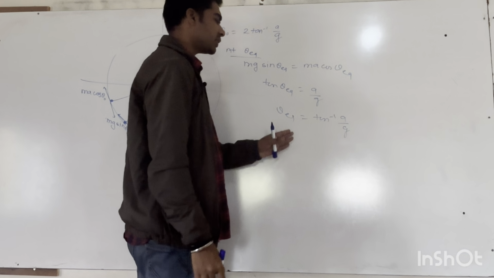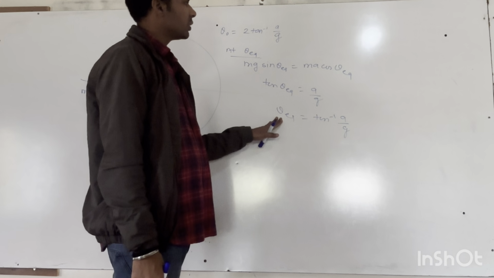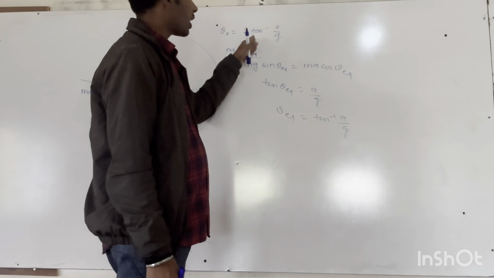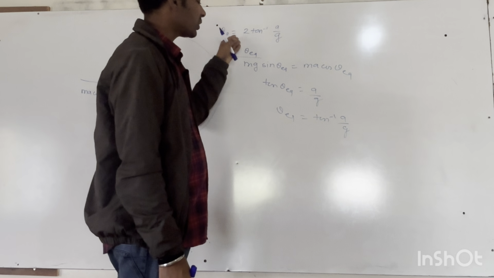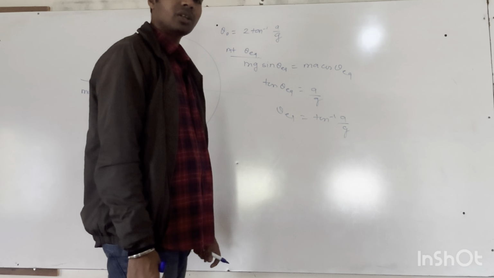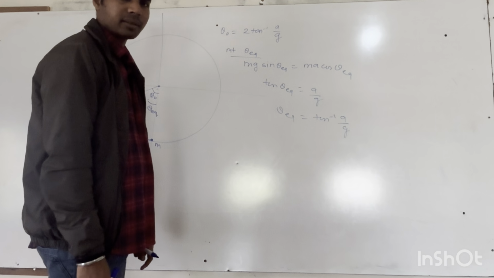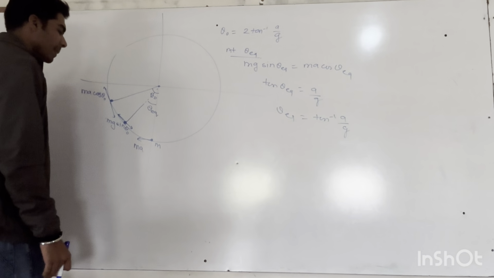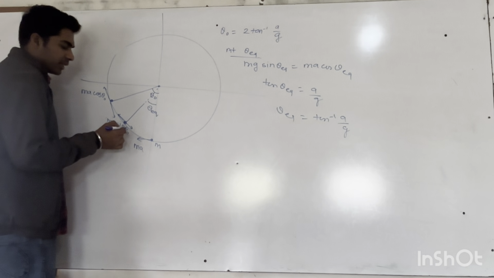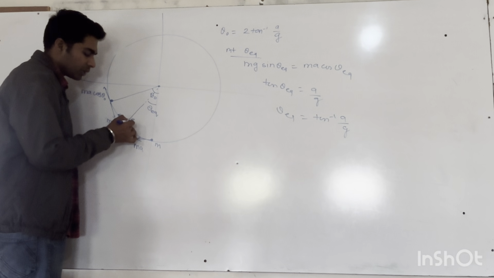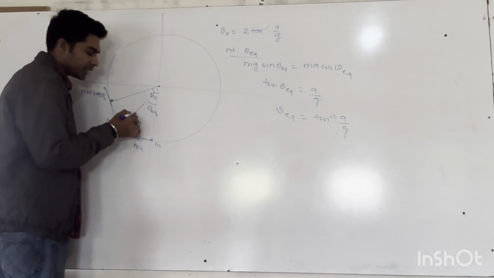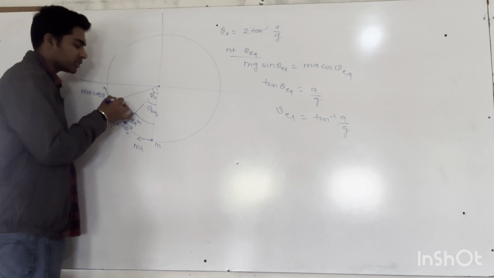It's not a coincidence that this theta equilibrium is half of theta naught, or theta naught is double this theta equilibrium. It's not a coincidence at all. When we study oscillations, we will see that this is your equilibrium position, this is your one extreme, and this is your other extreme.